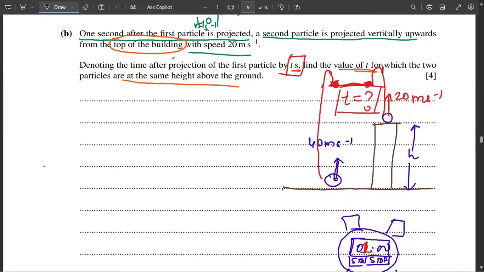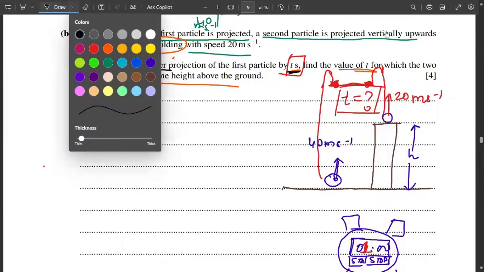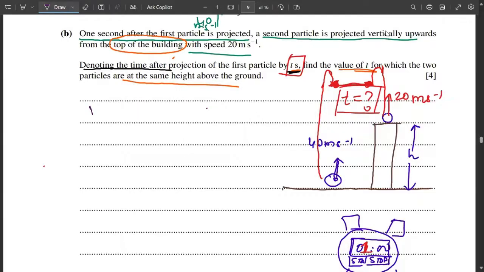Now, do not forget that we have to denote the time after projection of the first particle by t seconds. This may be a very confusing statement for you, but I'll break it down. So we'll have a formula. Let's consider v equals u plus at. How much time will it take for the 40 meter per second particle, whose initial velocity is 40 meter per second, to reach a velocity of 10 meter per second?